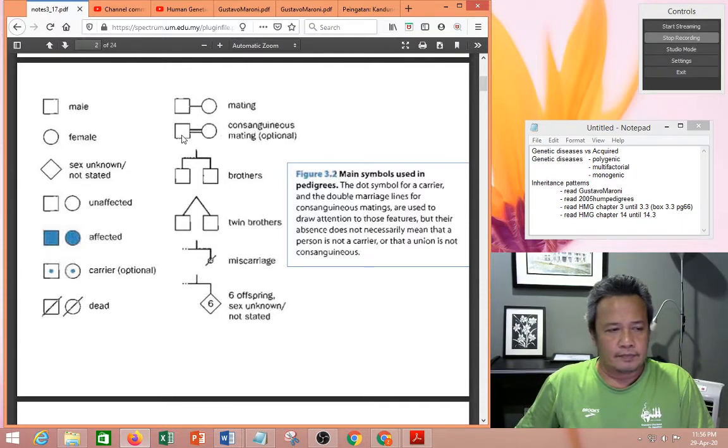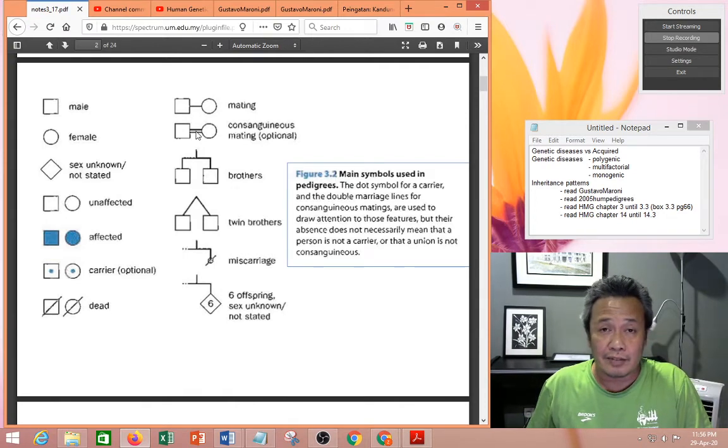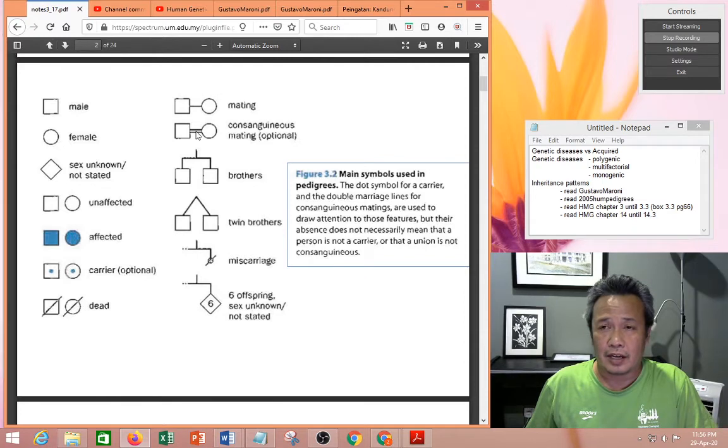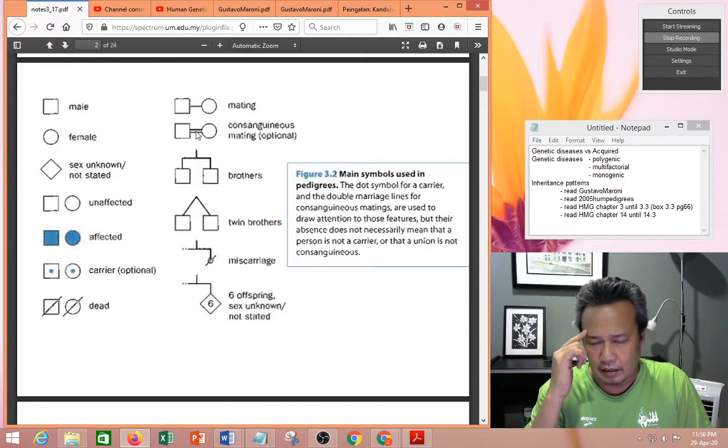Consanguineous marriage or relationship between related individuals, cousins, right? Consanguineous. Why is it important? Because it is one of the factors that increases the frequency of detection in autosomal recessive.